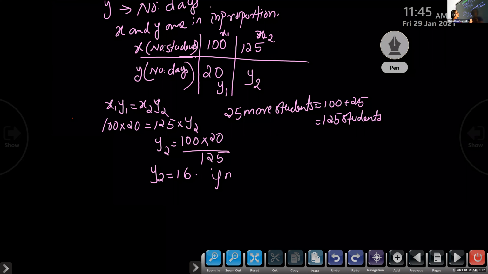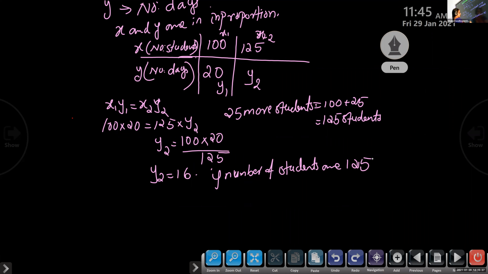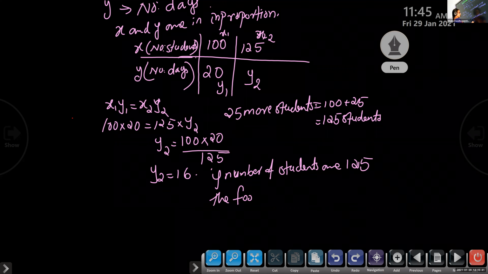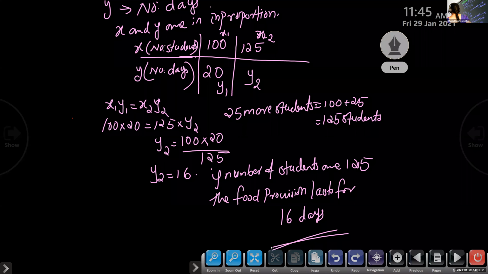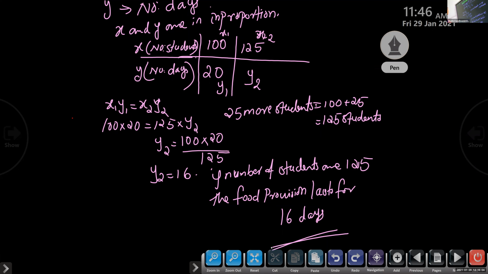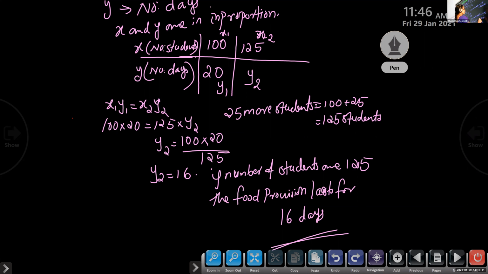That is, if number of students are 125, the food provision will last for 16 days.